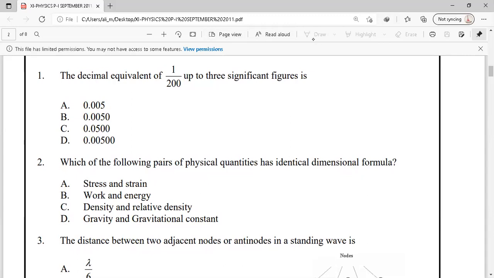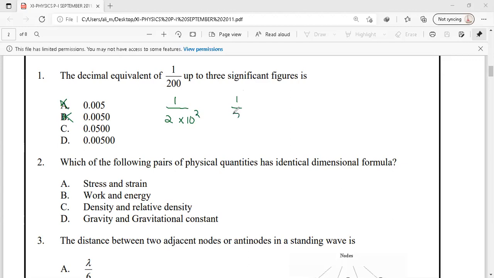The decimal equivalent of 1 over 200 up to 3 significant figures. In the first option, we have one significant figure, this is incorrect. We have two significant figures in option B, this is incorrect. So we have three significant figures in option C and option D. If you solve this, 1 over 200 means 2 times 10 raised to the power 2.